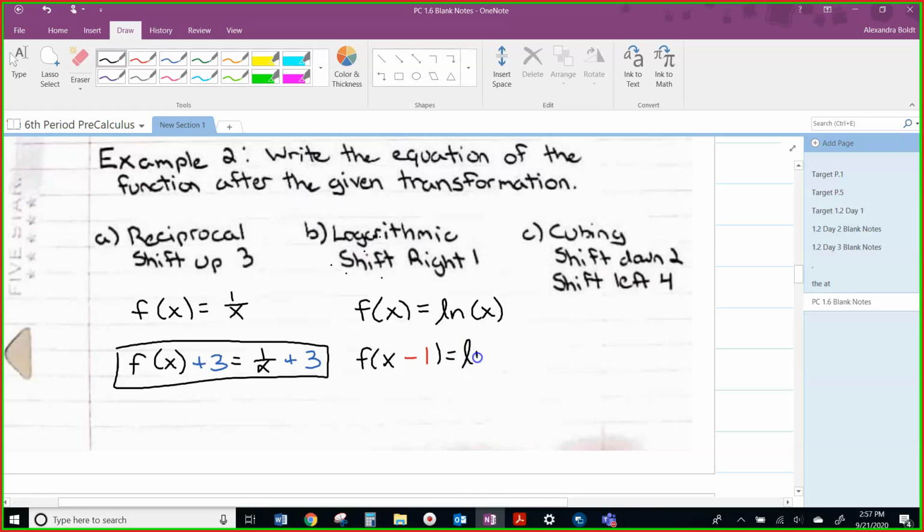So I'm going to do the same thing here, the natural log of x minus 1. Doing these transformations is very similar to our function notation that we looked at in section 1.4. I've changed x to x minus 1 in my function.